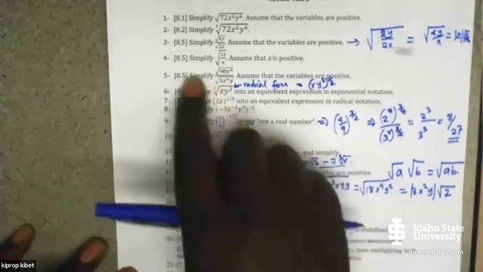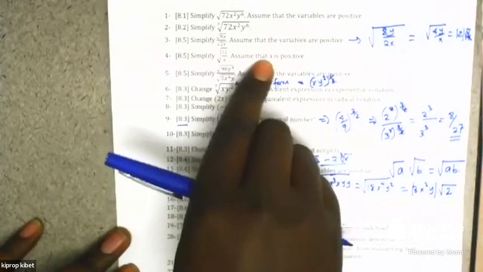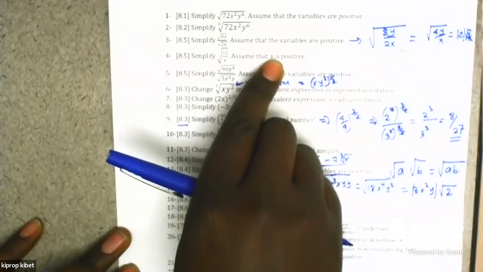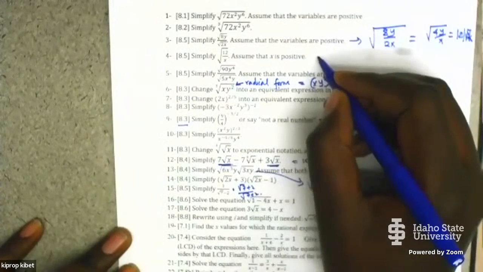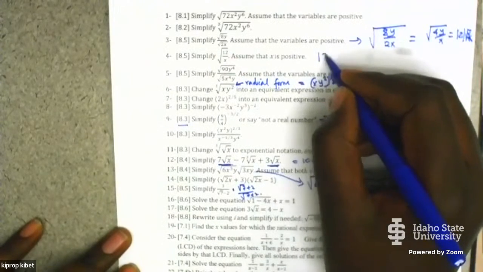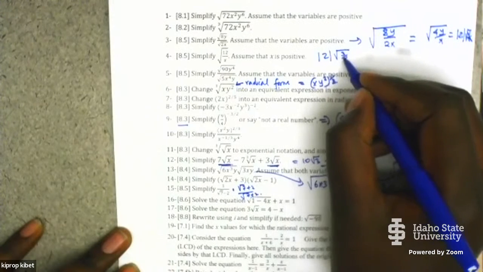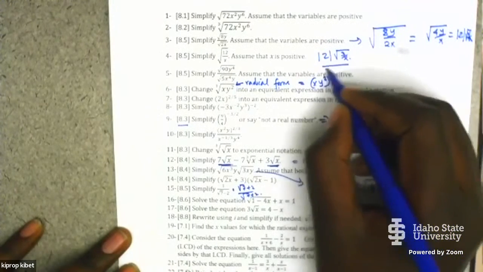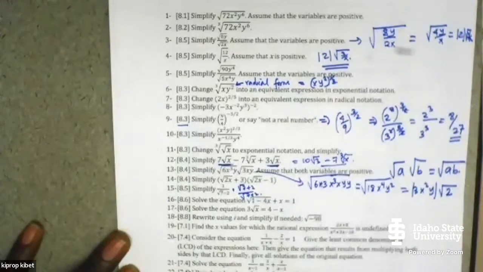Again, number, this one here. So you do the same thing. So this is 4 multiplied by 2. So it is the same as the absolute value of 2, the square root of 3 all over what? All over x. So it's like that.